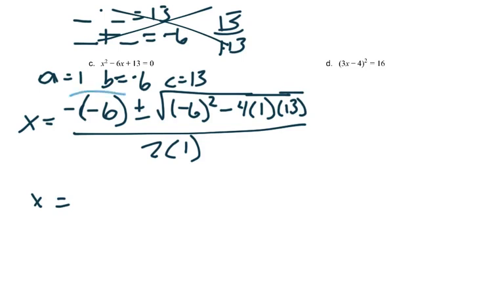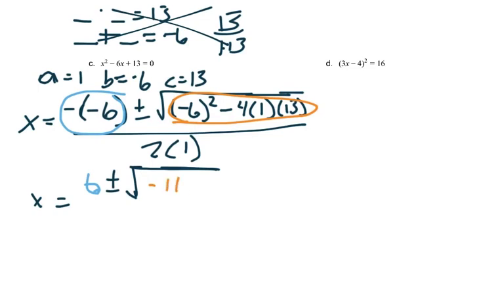Again, I'll simplify in 3 pieces. This is the first piece right there. The opposite of negative 6 would be positive 6, plus or minus the square root. And then I'd want to get one answer for all of this. I would just type it into my calculator just like I see it.